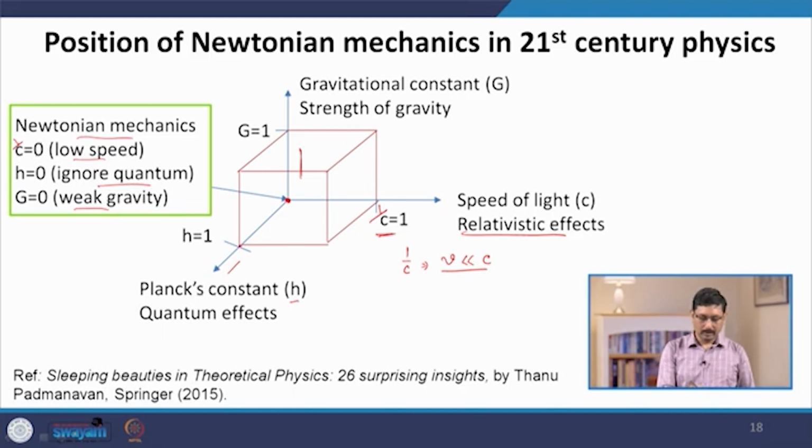Each vertex of this cube represents a different combination of these three effects, and all these vertices together cover all possible scenarios that people who study theoretical physics think about. So, we can call this a kind of physics cube.